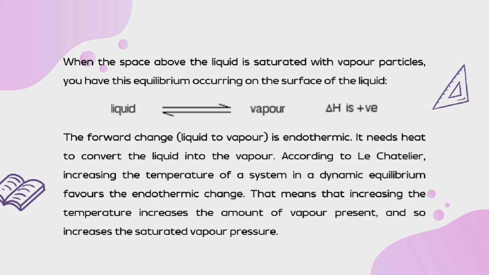The forward change, or liquid to vapor, is endothermic. It needs heat to convert the liquid into the vapor. According to Le Chatelier, increasing the temperature of a system in dynamic equilibrium favors the endothermic change. That means that increasing the temperature increases the amount of vapor present, and so increases the saturated vapor pressure.